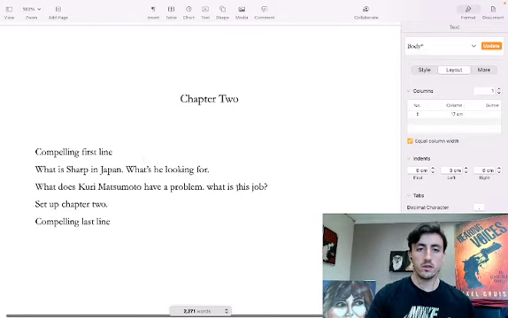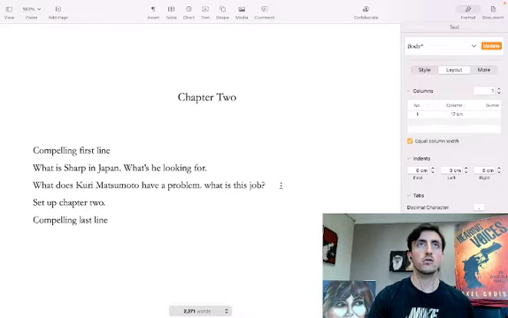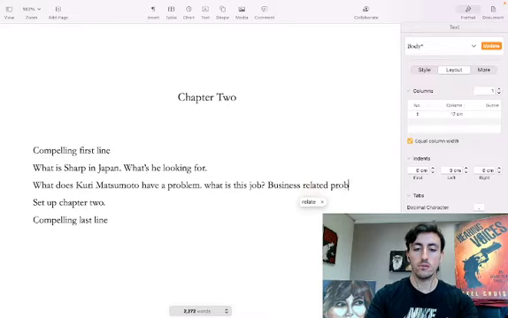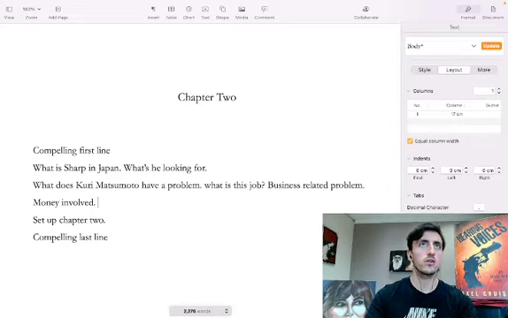So what is the problem that Kyori Matsumoto has? She's a Yakuza captain, so let's just think this through logically. The Yakuza are the Japanese mob, so it's probably going to be some kind of business-related problem. Probably there's money involved. From the story she's told about the tanuki and the rabbit, clearly she's saying, I've got too many tanukis at the moment.